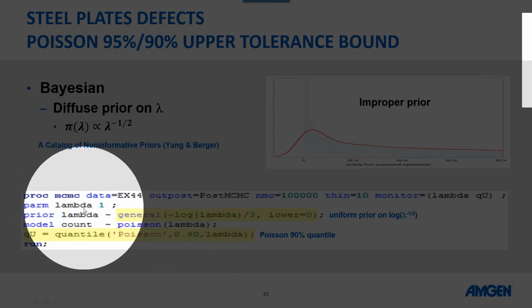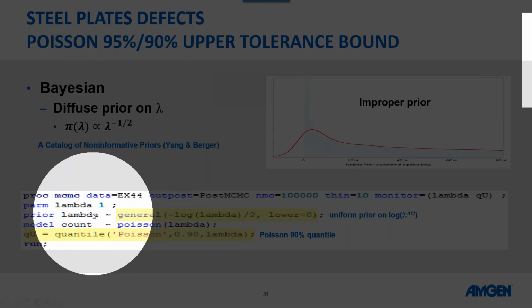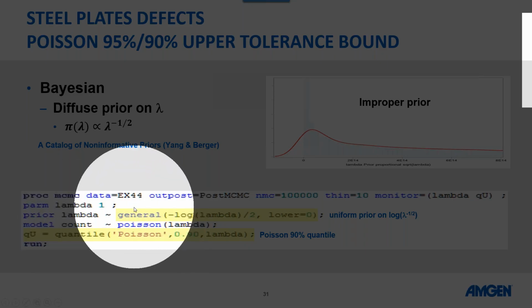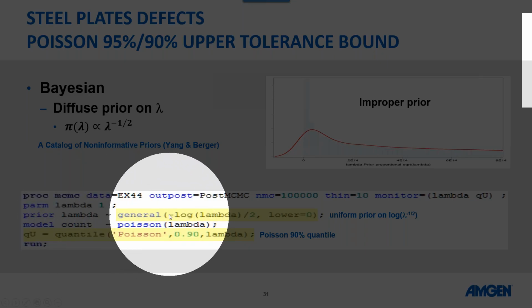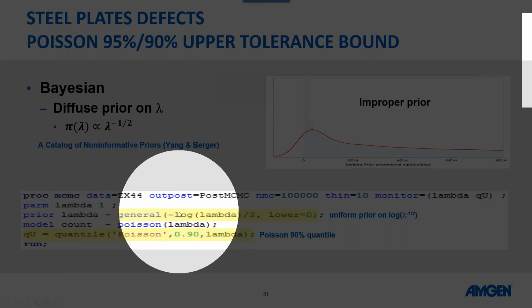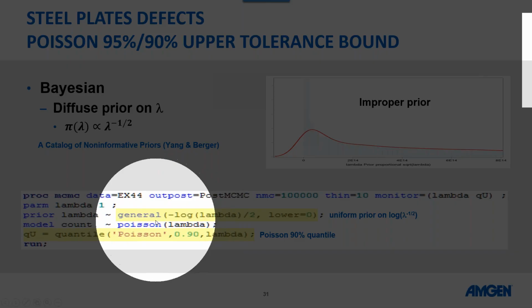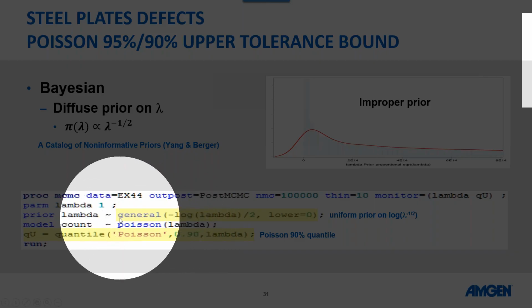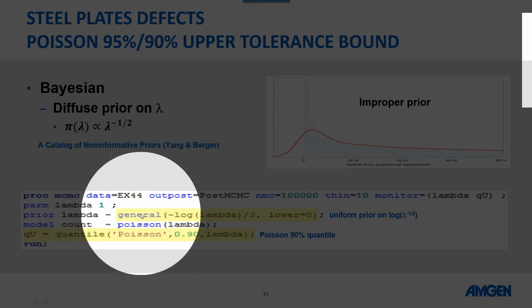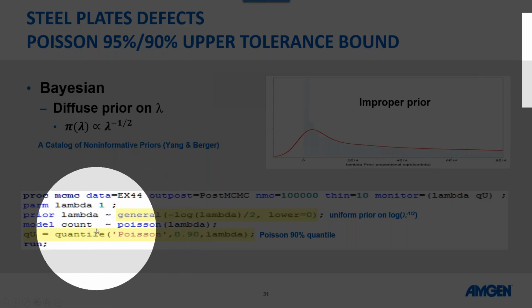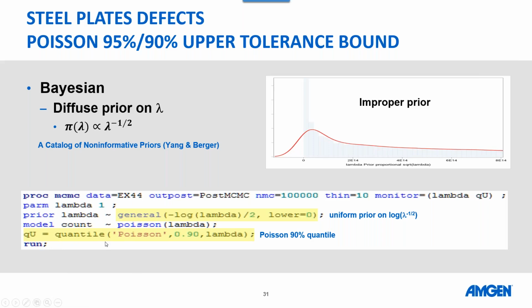And this just gives PROC MCMC a starting value for that parameter. If you're using the general statement to write out your own likelihoods, then you have to specify the parameters. If you're using a standard distribution like the normal, then PROC MCMC is very flexible and takes care of that. But yes, they are the same thing. Again, that's the connection between the prior and the likelihood.